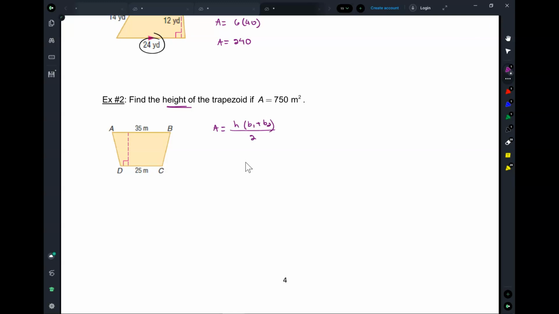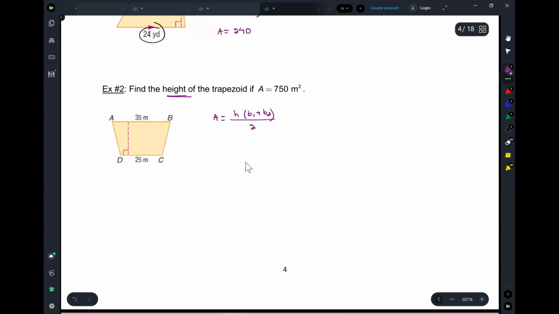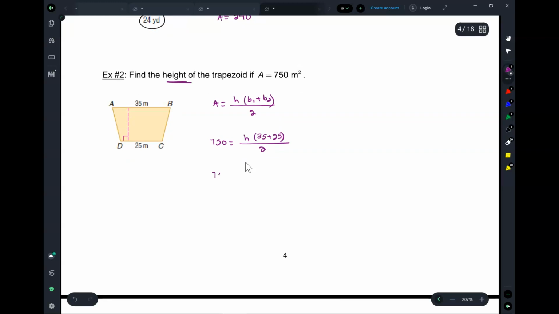Okay, take a few seconds and write stuff down neatly because it's going to help you to solve for everything, right? So area is 750. Height, we don't know what it is. The bases are 35 plus 25 over 2. Now, we have to do order of operations.